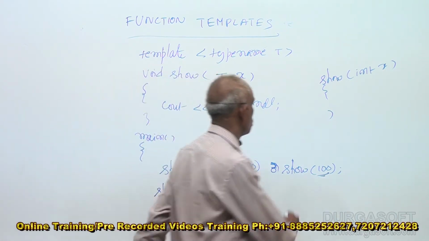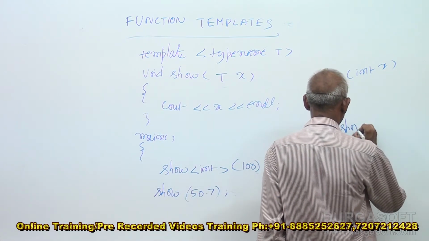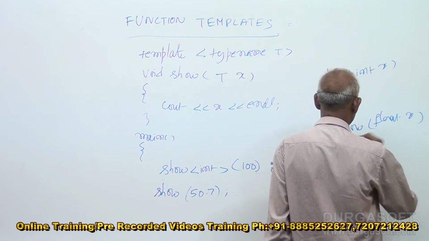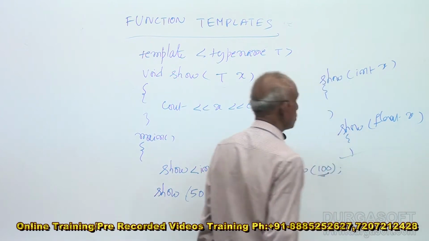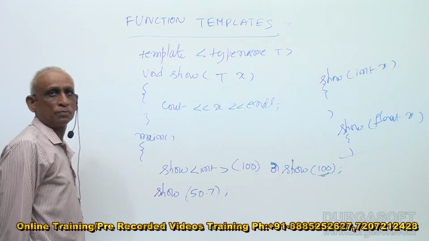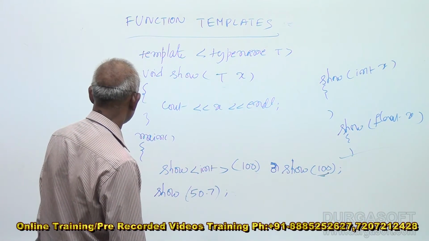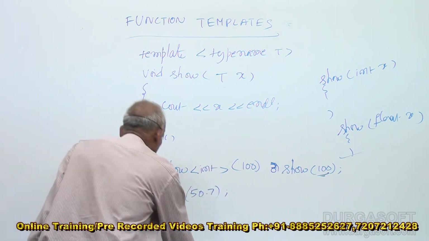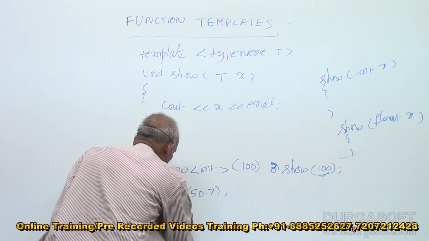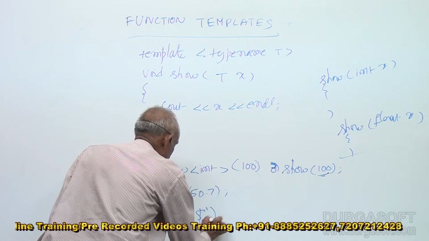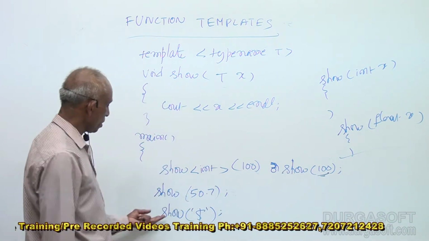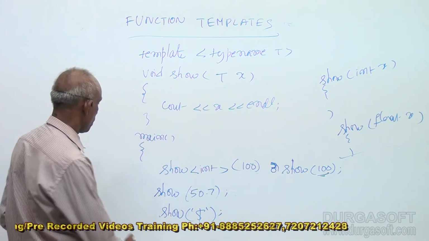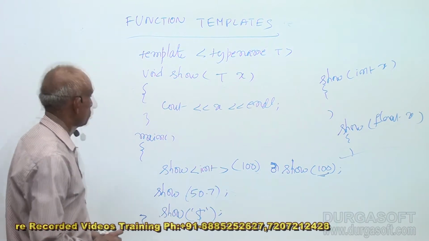That means show(float x) version is invoked. So it can be integer, float, or even character also. Suppose show('$'). So here it is $. So this is how a template function is used.